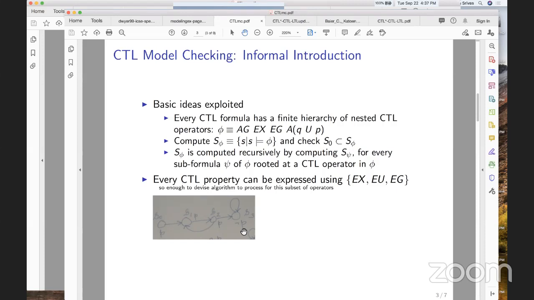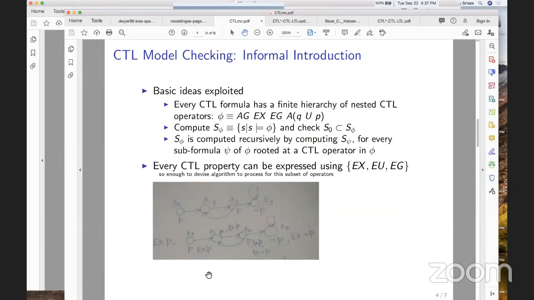Now let's see how you can label all the states in which EX of P is true, given the label for P. What are the states in which EX of P is true? Given a state in which P is true, you can figure out the states in which EX of P will be true.